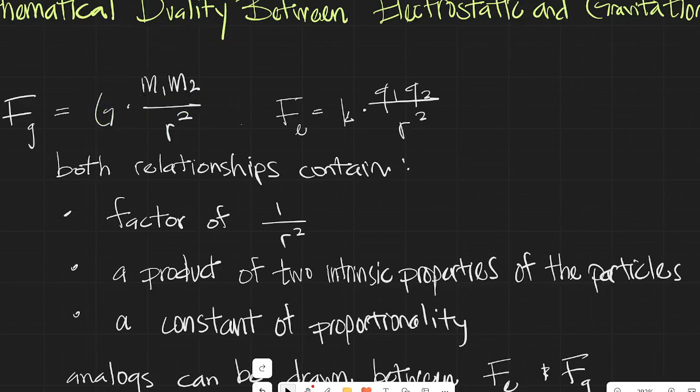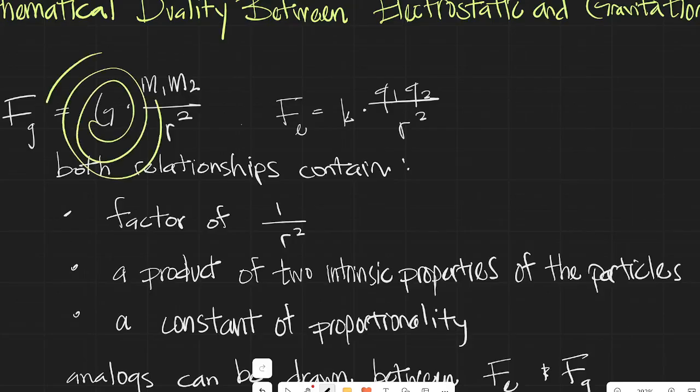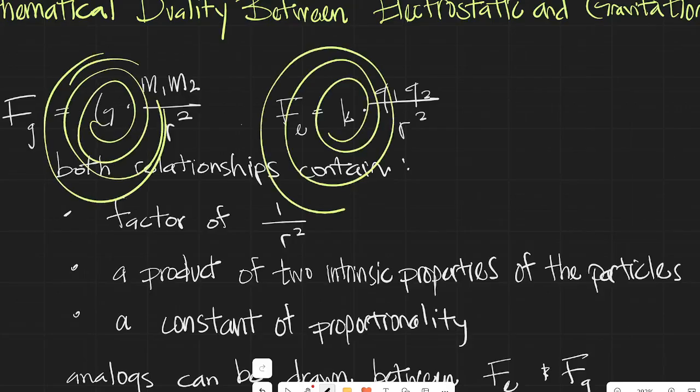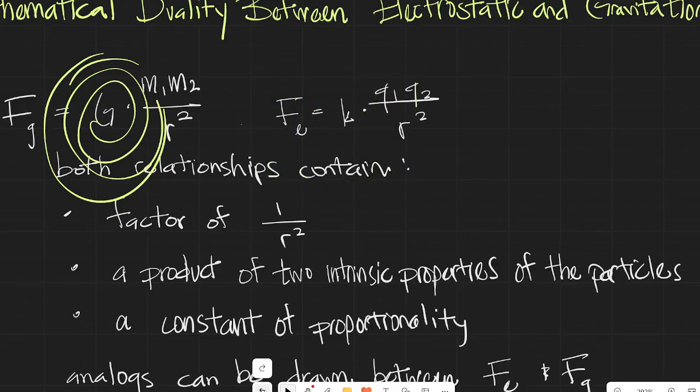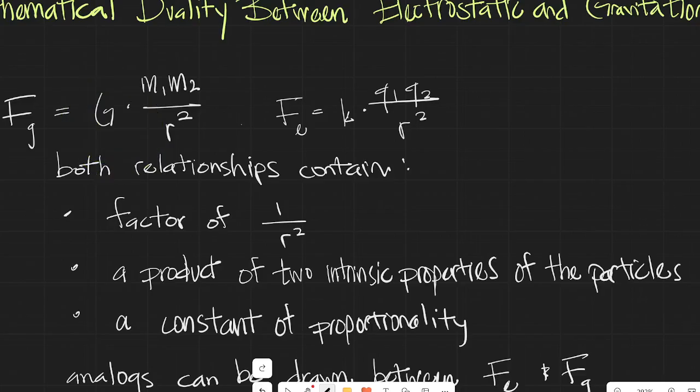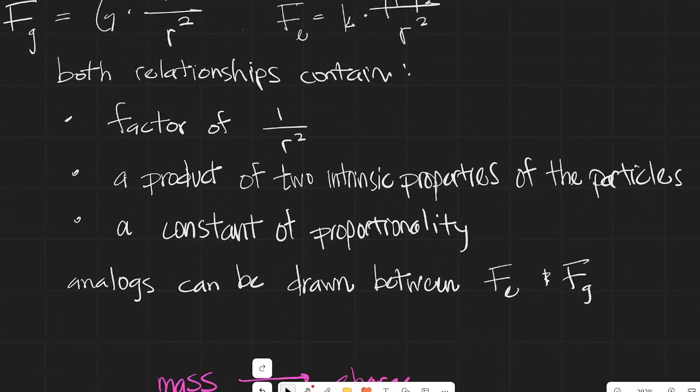And we also have a constant of proportionality in each one, right? And we kind of already know the values of these. The capital G is very small, but the lowercase k is huge. And so that gives us intuition about the relative strength of these forces in the universe.